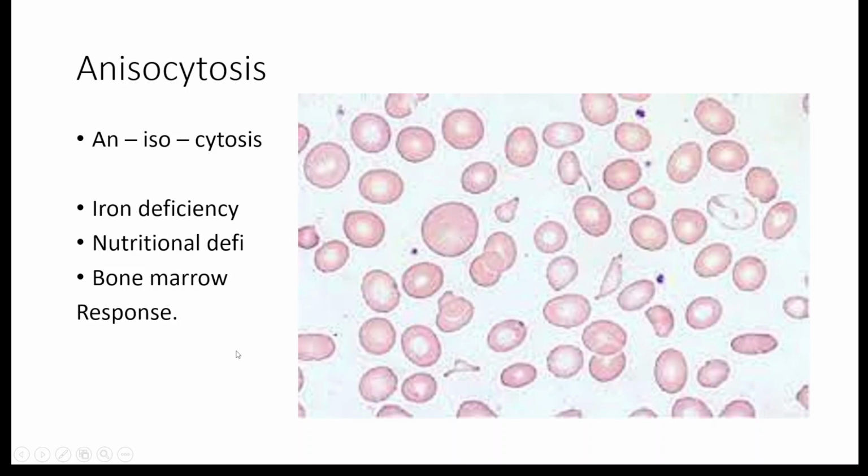Also, when a person with anemia has been treated and the bone marrow is responding to the treatment, let's say iron supplementation in iron deficiency anemia, or B12 and folate supplementation in macrocytic anemia, the bone marrow starts to throw reticulocytes out into the peripheral blood smear. The reticulocytes are larger than the normal RBCs, so there also you will get anisocytosis.